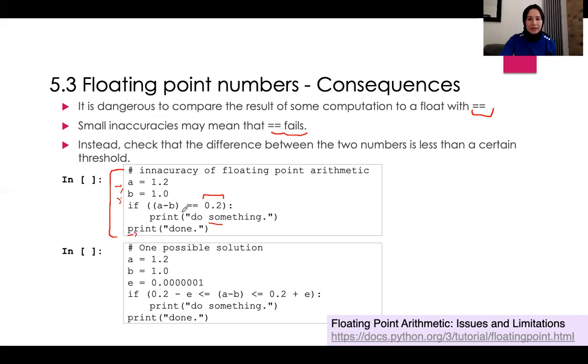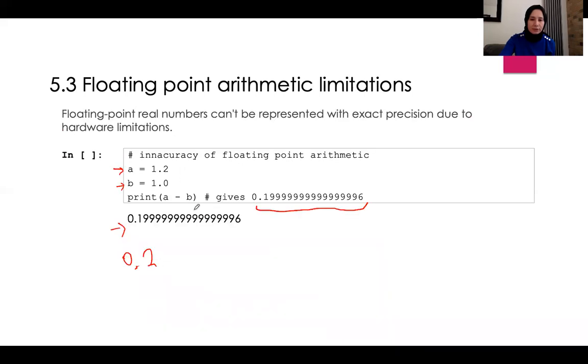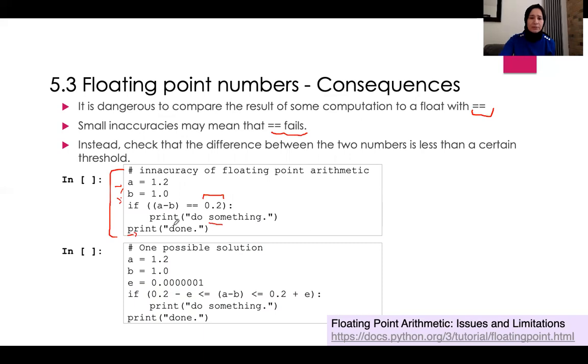In this case, it will not be equal because of the value that I have shown to you here, this is the value it will produce for us. Therefore, it doesn't equal 0.2, so this will print done. There is one possible solution to fix this issue in Python.